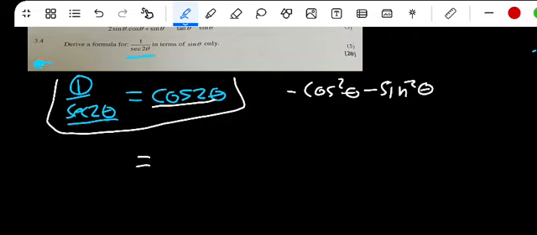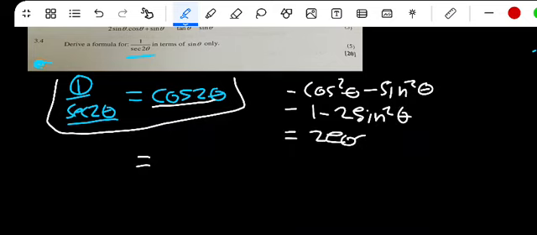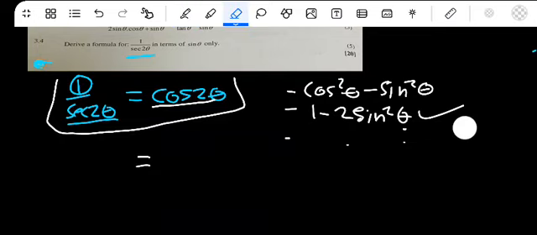Also it has the one that says 1 minus 2 sine squared theta, and the one that says 2 cos squared theta minus 1. We want it in terms of sine, so we'll use the middle one. It consists of sine only.